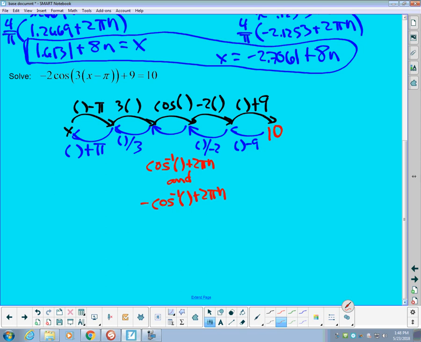So let's see where the numbers take us here now. I got 10 minus 9. That gives me a 1. 1 divided by -2 is a -1/2. And now I'm hitting that inverse cosine. So my little unit circle helper here.